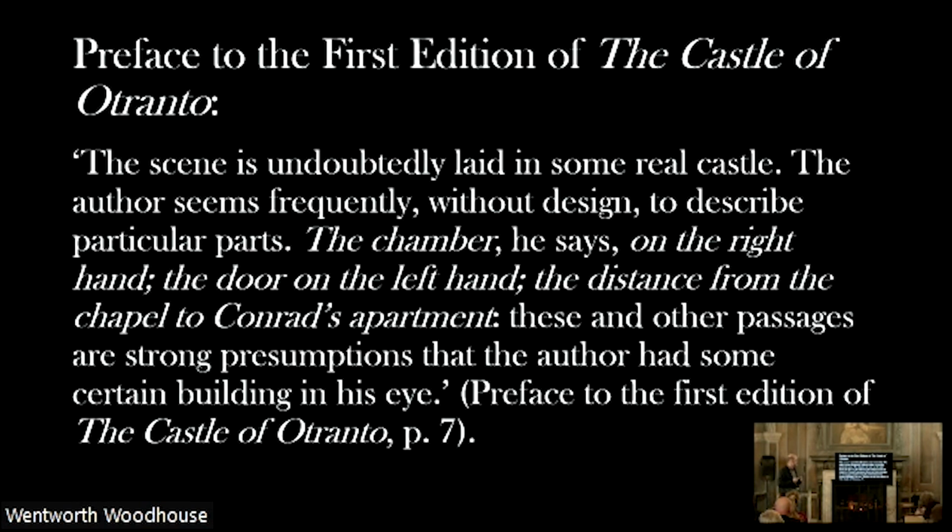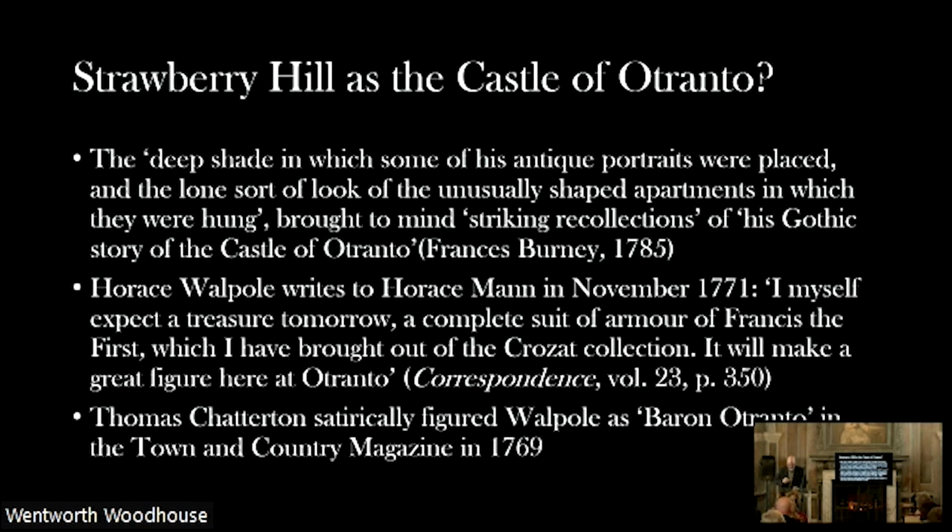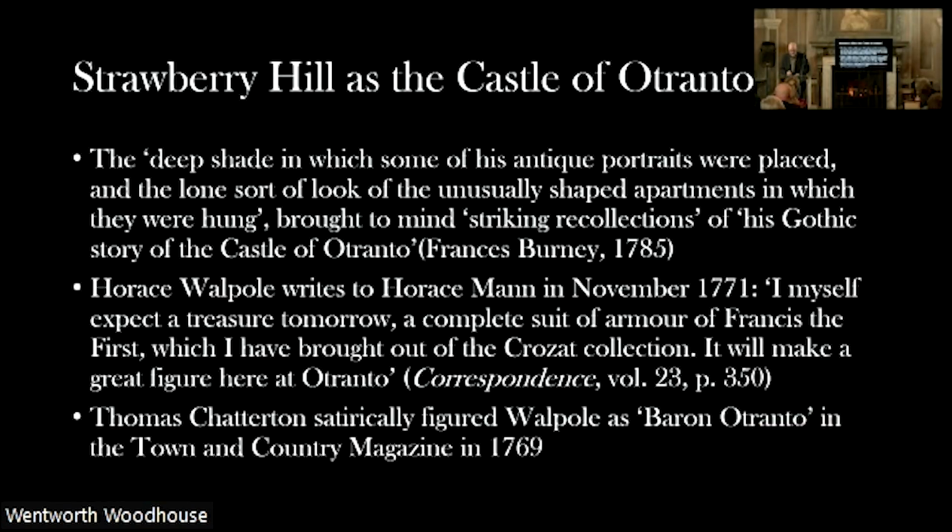So what do you think happens? No one knows that Horace Walpole of Strawberry Hill fame has written this novel for the first edition. What happens when the second edition of the text is published in 1765 and Walpole exposes himself as the author? After the disclosure of authorship in the second edition of 1765, that comment pointed readers directly in the direction of Strawberry Hill.